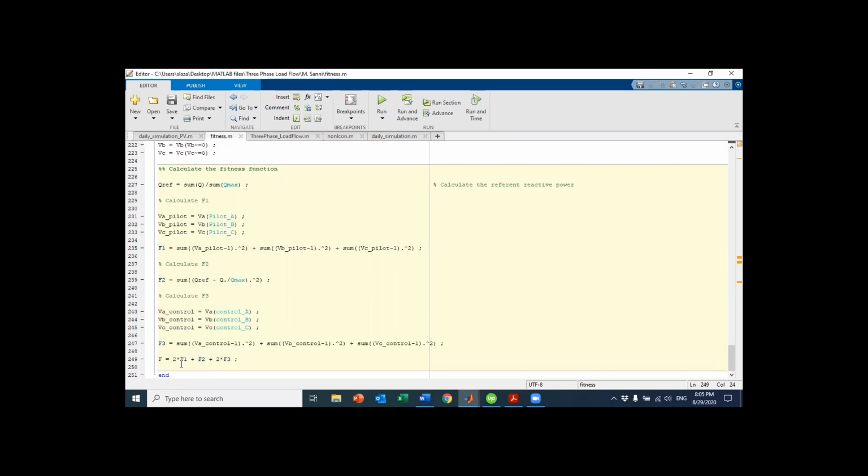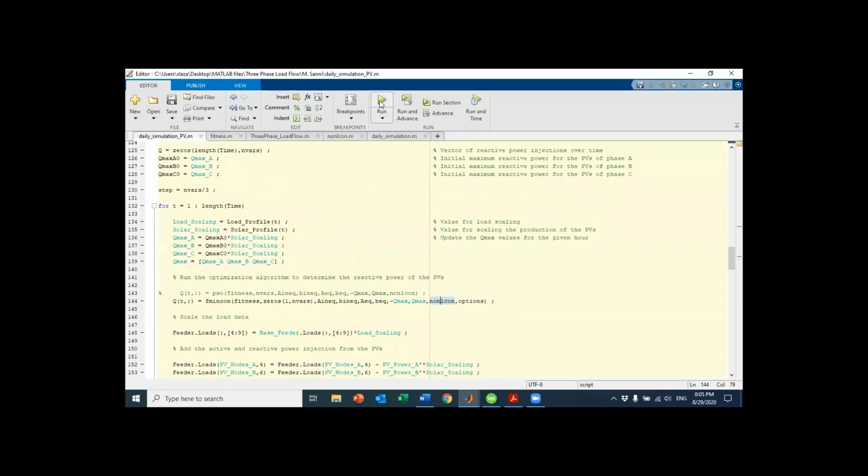In our case, I gave more weight to the F1 and F3 functions because they concern the voltages in the system, and our goal is to optimize the voltages in the system, not so much the reactive power. The second objective treats reactive power in the system, and the first and the third objectives treat the voltages in the system. So let's just run the simulation now.